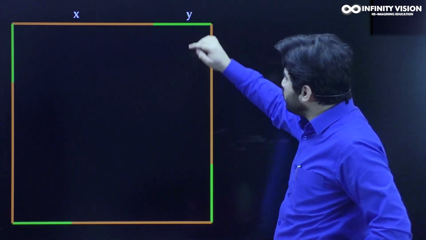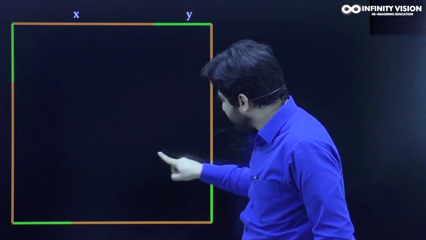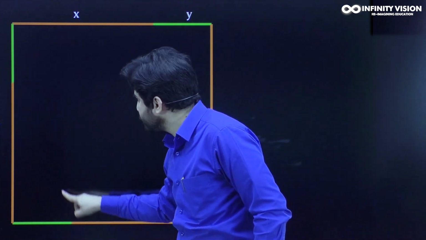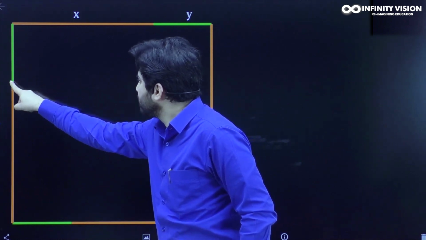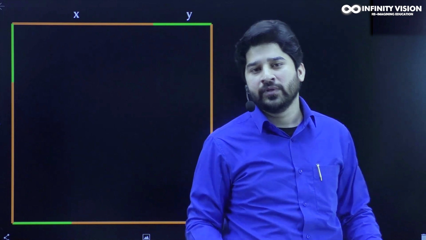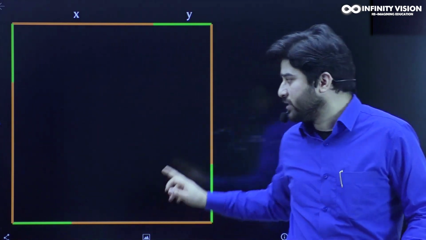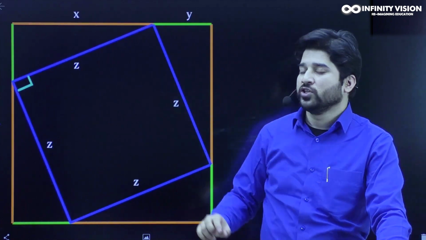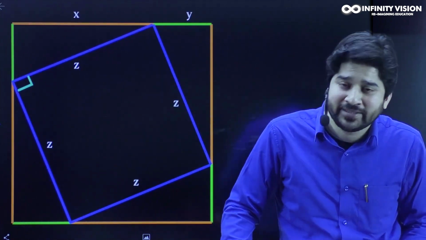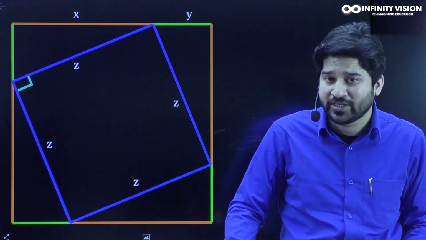Now what you're going to do, you're going to connect this point with this point, this point with this point, this point with this point, this point with this point. Now what we did, we have divided this complete big square into 5 portions, something like this. So you have 4 right triangles and 1 quadrilateral, which we are going to prove is a square.